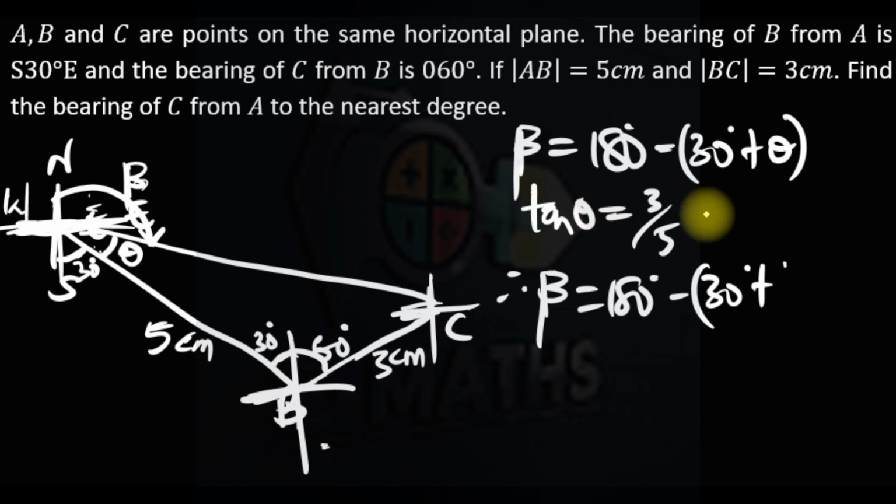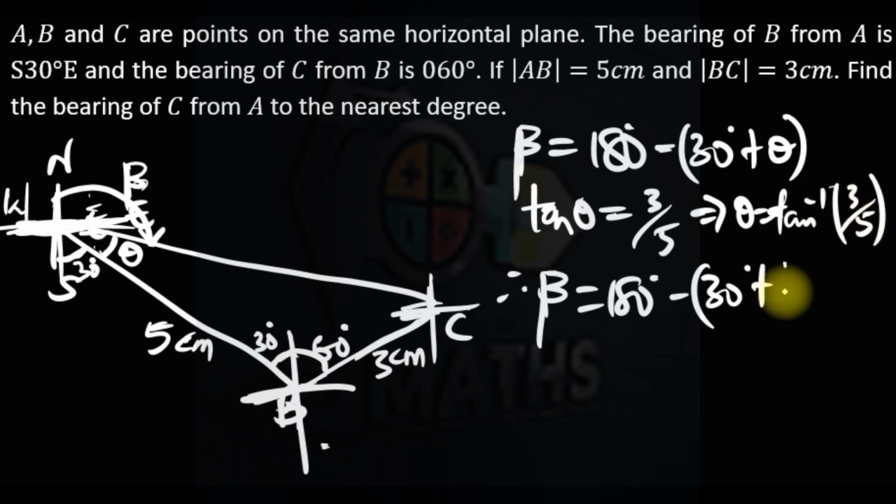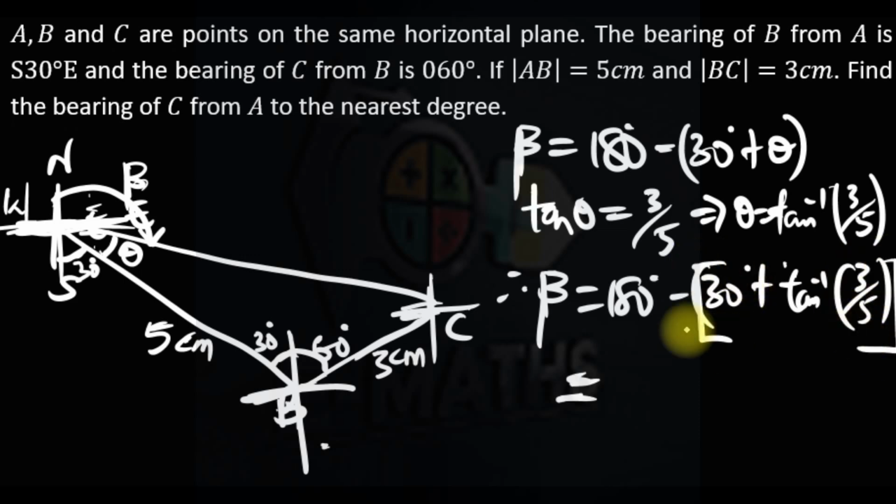Therefore, the bearing we are looking for, which is beta, is 180 minus 30 plus theta. Remember, if you make theta the subject of formula here, theta is now arctan of 3/5. I'm doing it so as to avoid premature approximation. So that's the answer: 180 minus bracket 30 plus arctan of 3/5.